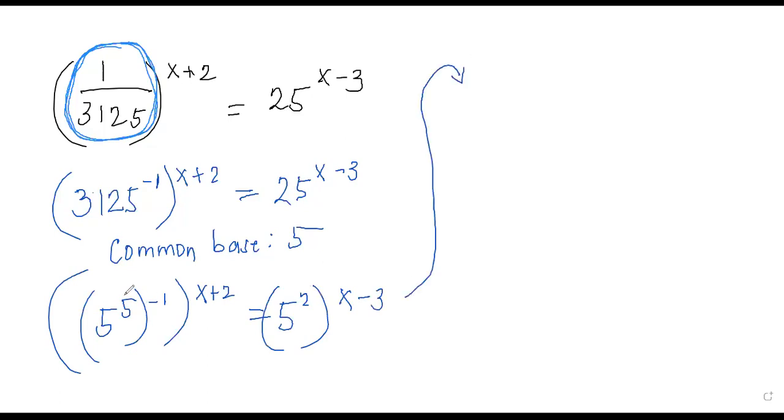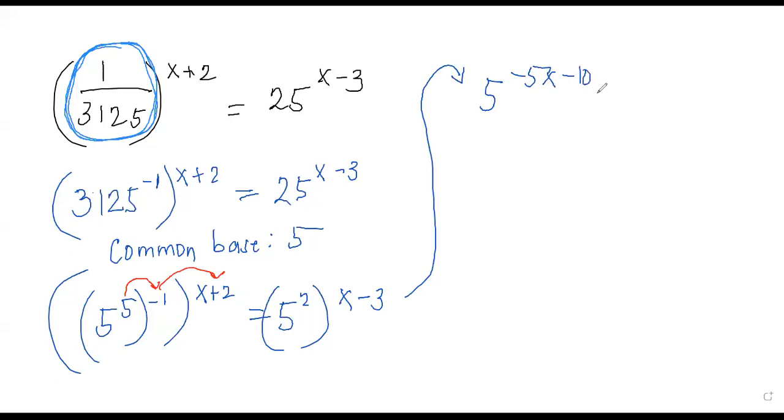O, dito na tayo sa kabila. Ang gagawin lang naman dito, sa mga parentheses, sa mga exponent, since itong 5 raised to 5, i-raise mo sa -1, tapos i-raise mo pa sa x plus 2, tama? So, ang magiging answer niyan is ilan? Pag i-multiply natin, 5 times negative 1 is negative 5, times x plus 2, that would be negative 5x minus 10.